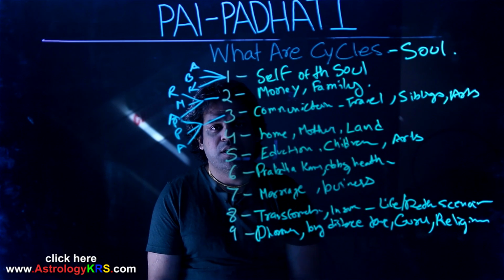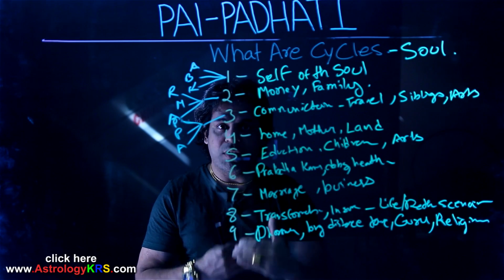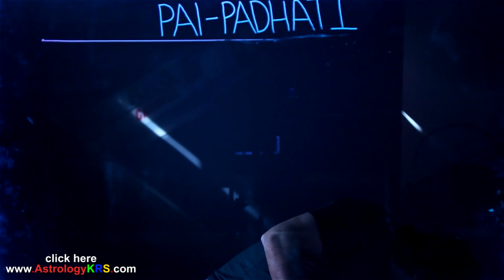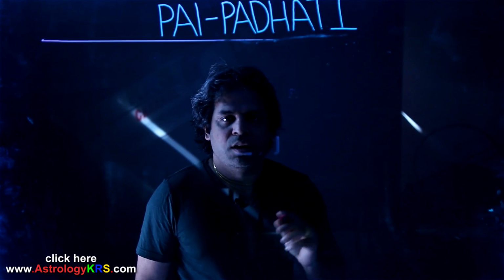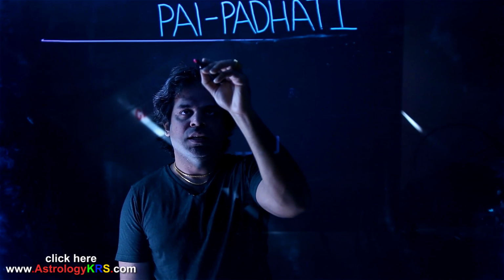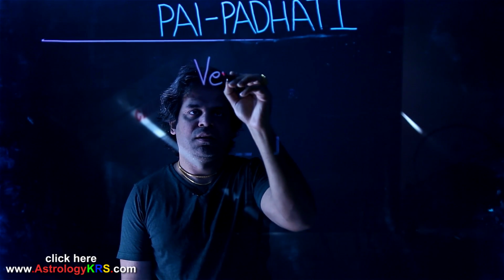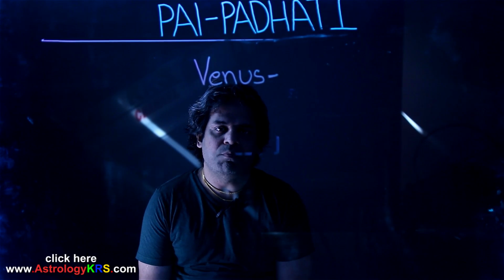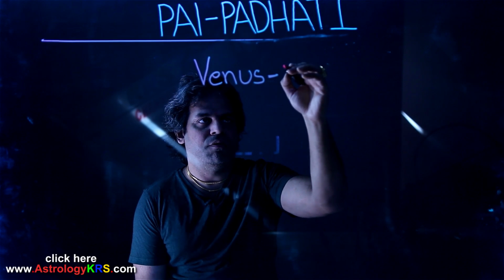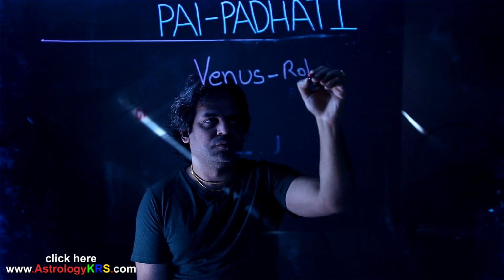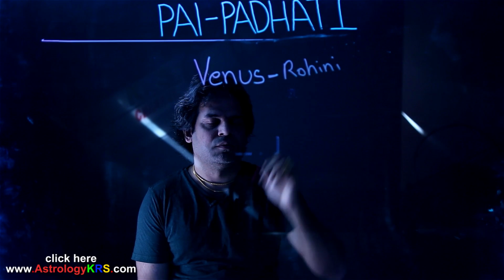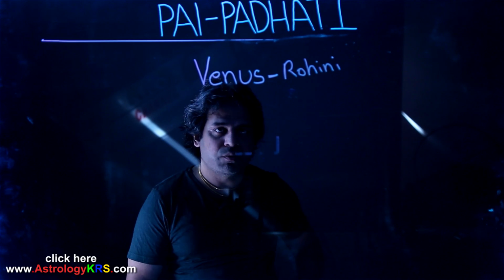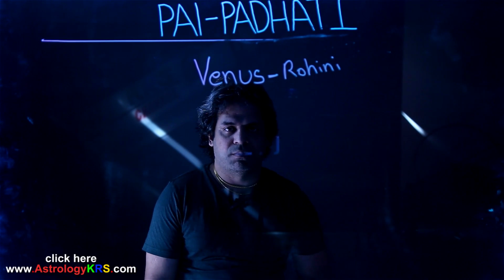So now, let's go one step deeper. If we take, let's say, Venus, and we'll put Venus in the nakshatra of Rohini. What does this say? Well, the first thing we see is the basics.